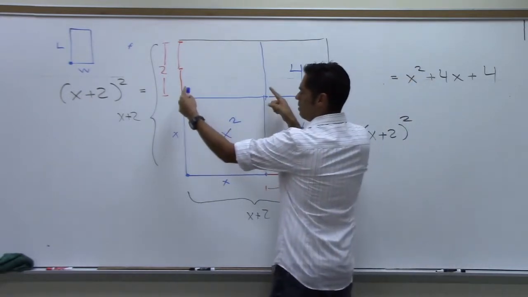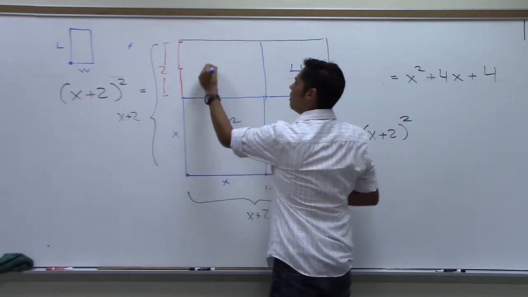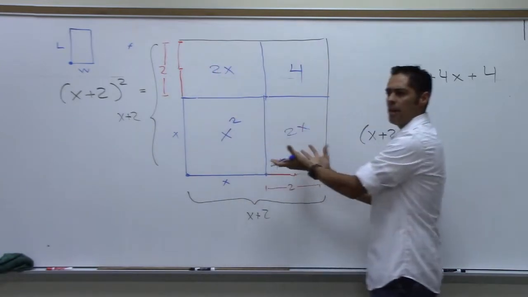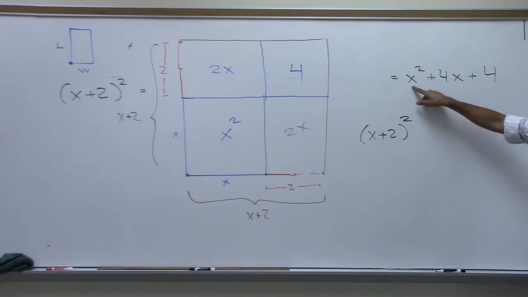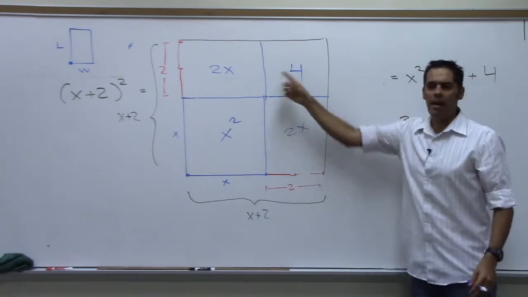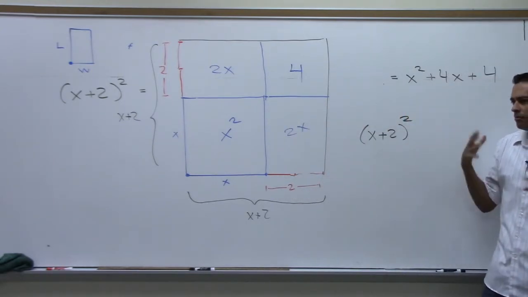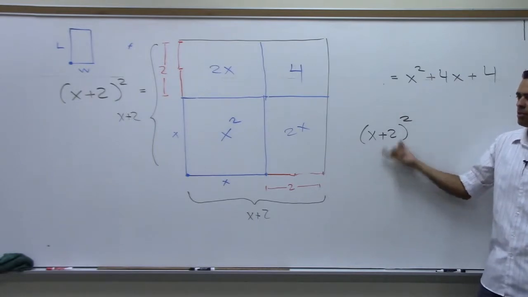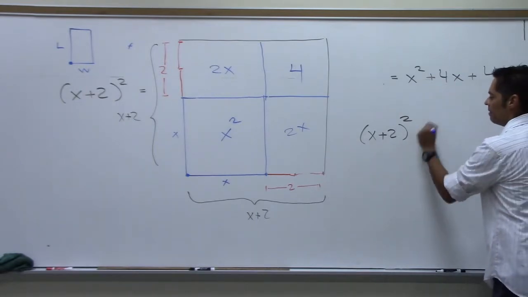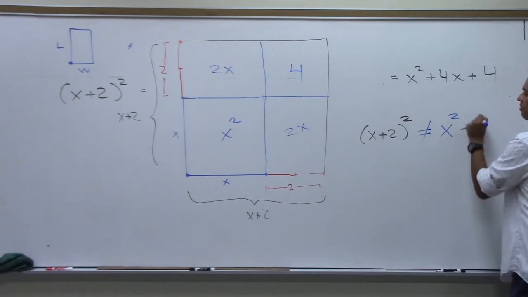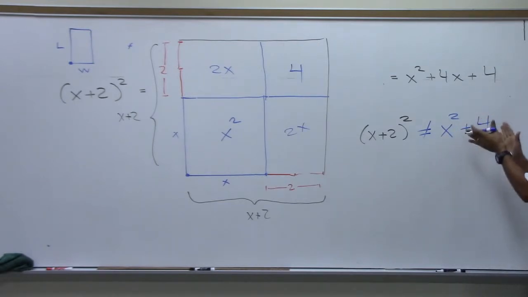What's the area of this one? X times 2. Now if we add all these together, what do you get? X squared plus 4x plus 4. That's just a geometric reasoning of why this turns into this and that it does not turn into this, right? This would not be enough.